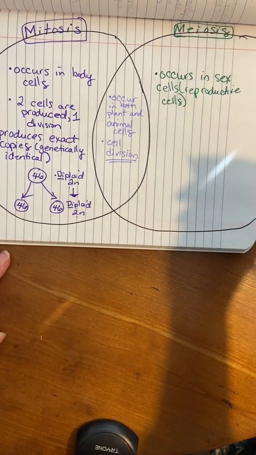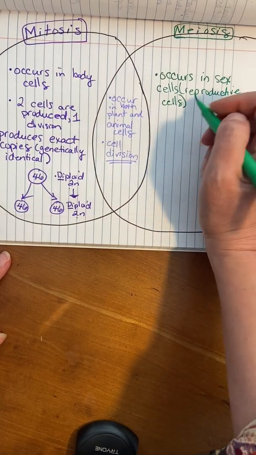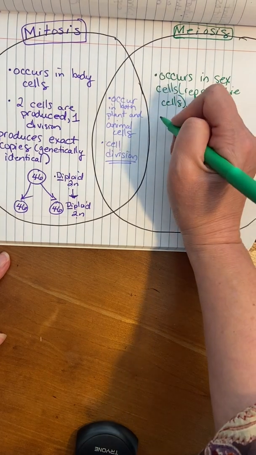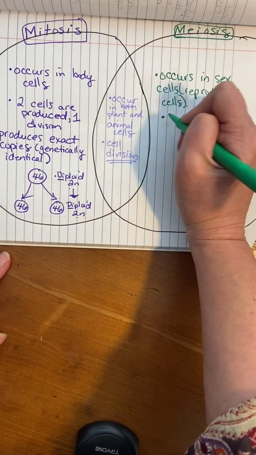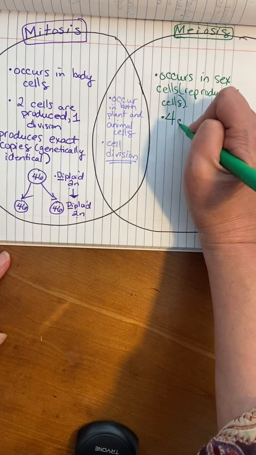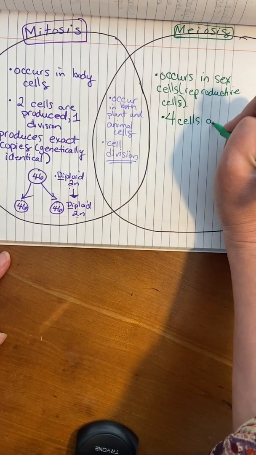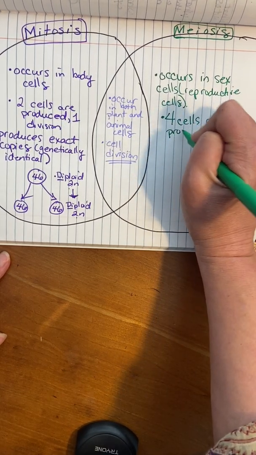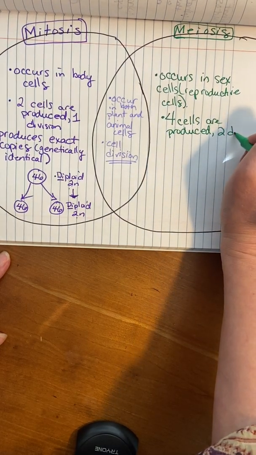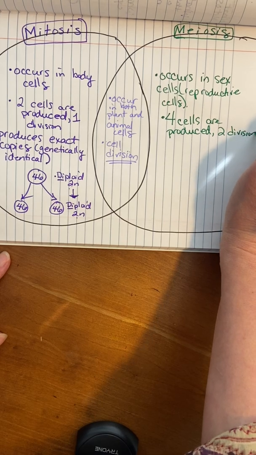So it doesn't happen in all your body cells. It only happens in very specific cells when reproduction is going to happen. How many cells are produced at the end? 4 cells are produced with 2 different separate divisions.